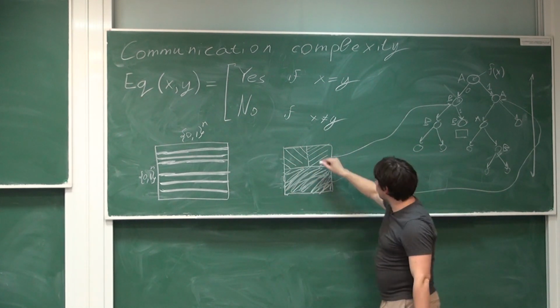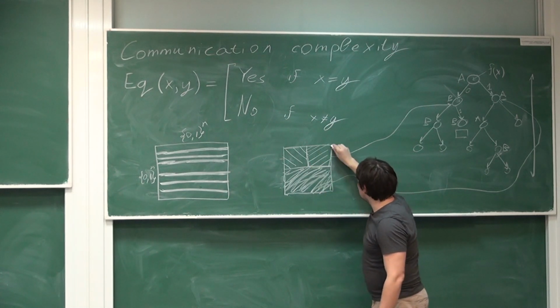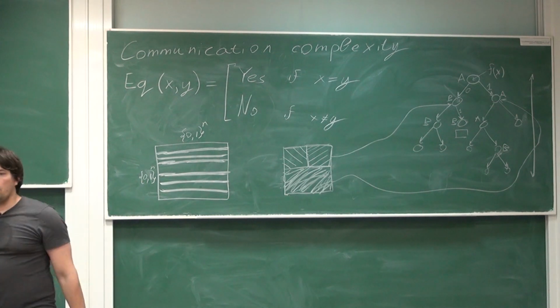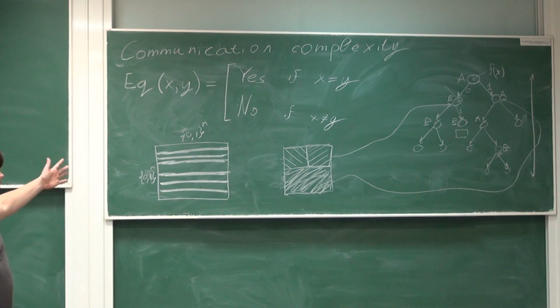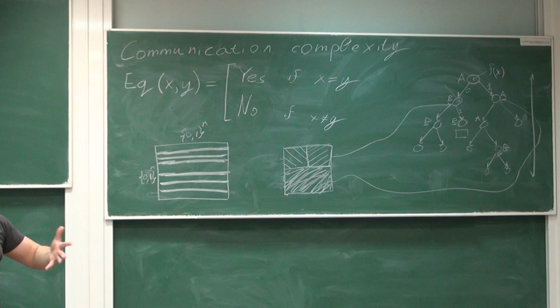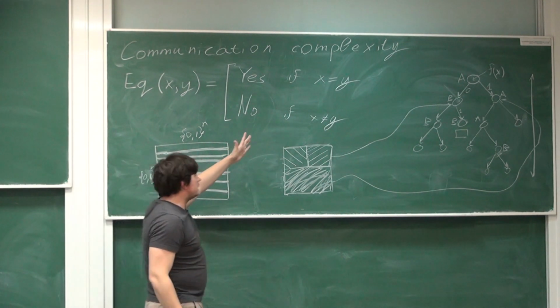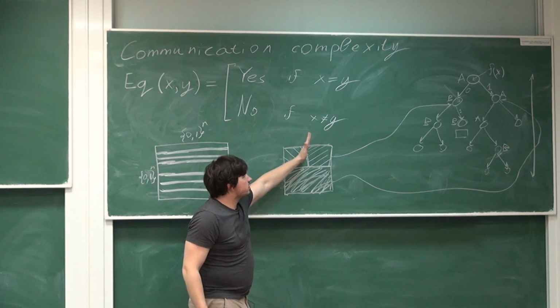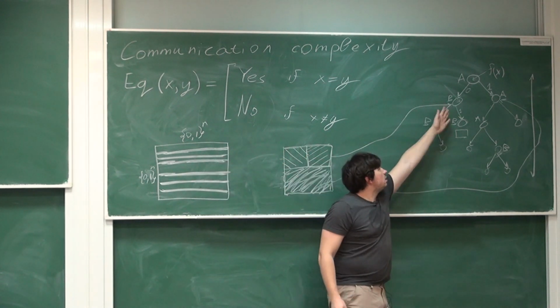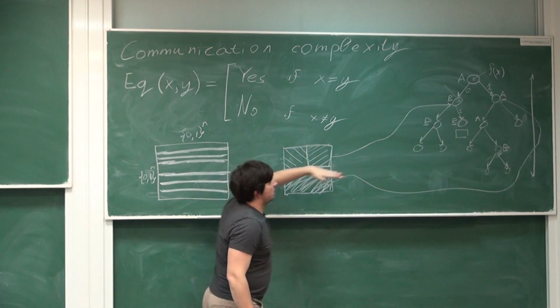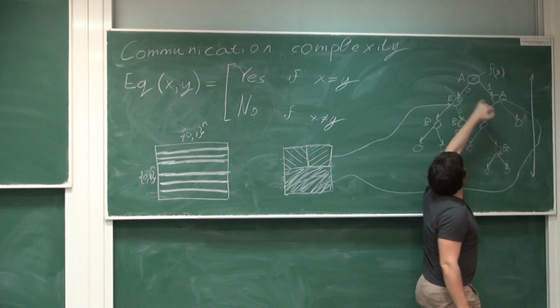So we have to be in this subrectangle of the original rectangle. This is just all the inputs of Bob that are consistent with Bob saying 1 here, and all the inputs of Alice that are consistent with Alice saying 0 here.